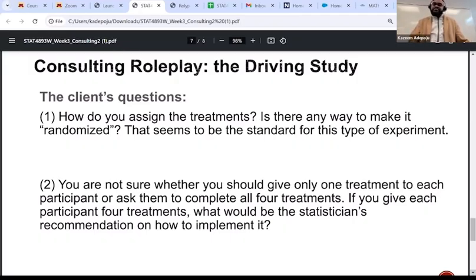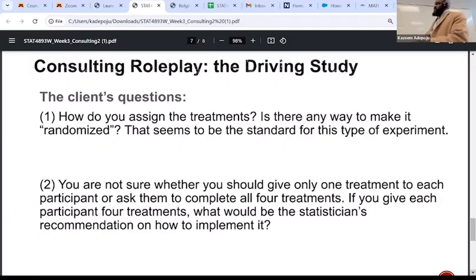Some of them maybe have collected their data, and you actually want to know how they assigned the treatment. You really want to see whether they used the principle of randomization. Then, is there any way to make it randomized if it is not?